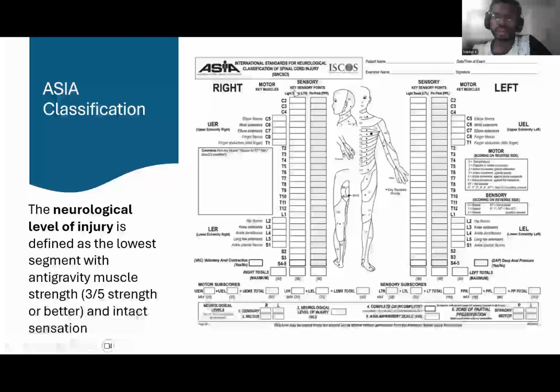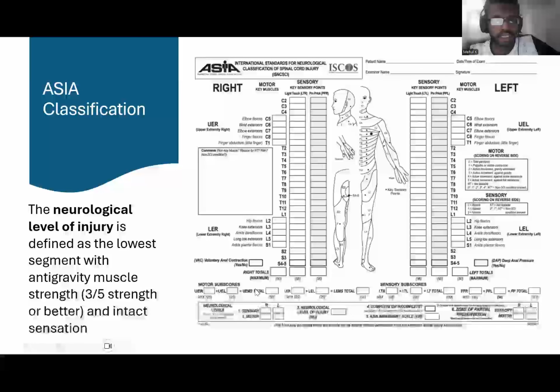Light touch is for your posterior column, pinprick is for your spinothalamic tract, and this is going to be graded as 0, 1, and 2. 0 is completely absent, 1 is anything other than normal, and 2 is normal. So very easy. For the sensory examination, you are going to be labeling all of this area as 0, 1, and 2, and you will do that on both sides.